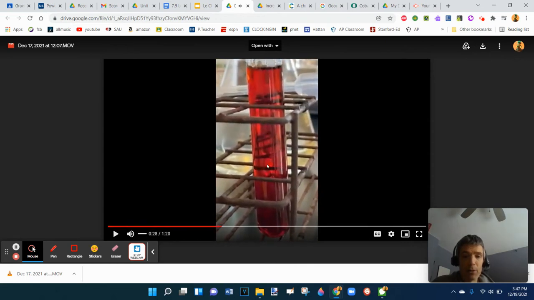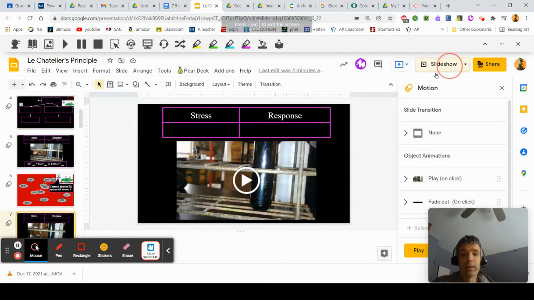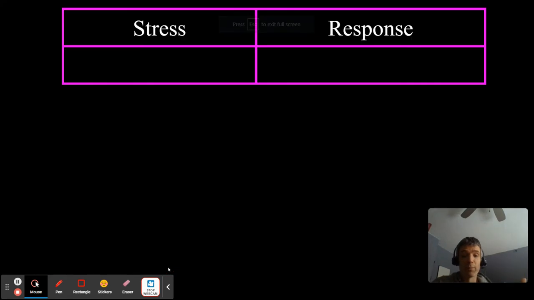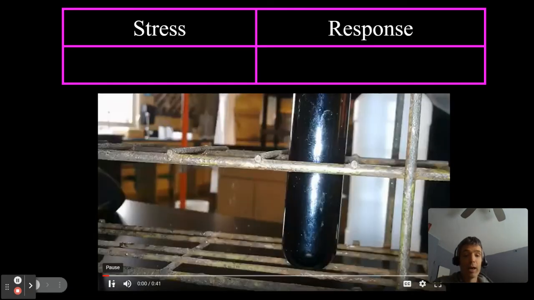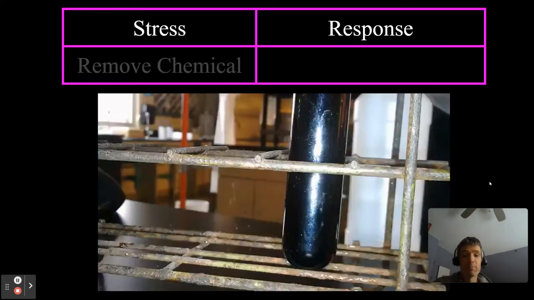Boom, that little cloud, that's a precipitate reaction. And when you precipitate, you remove the chemical because now it's a solid, and solids don't act in the equilibrium equation. Now here I've added a bunch more. I added it a little more aggressively.